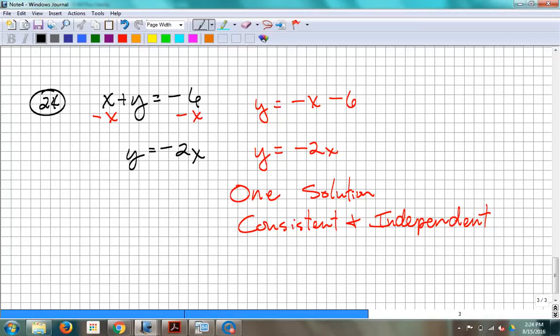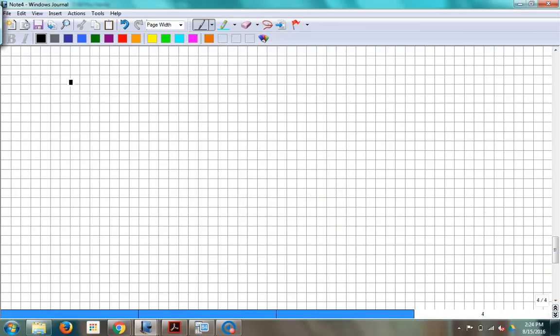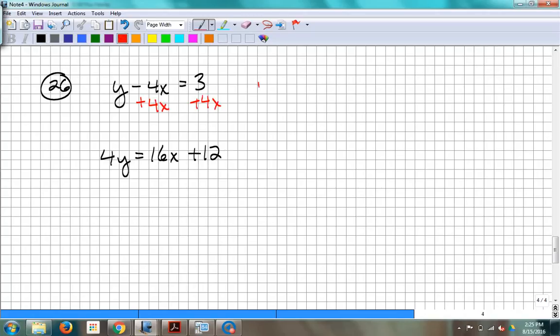Let's look at 26. That's a good one to look at. 26, it's got y minus 4x is equal to 3. And then the second equation is 4y equals 16x plus 12. Okay, I'm going to get y by itself on the first one. And just one step to do that. There's y is equal to 4x plus 3. The second one, it's one step as well, but it's a different one step. I'm going to get rid of the 4 by doing what?